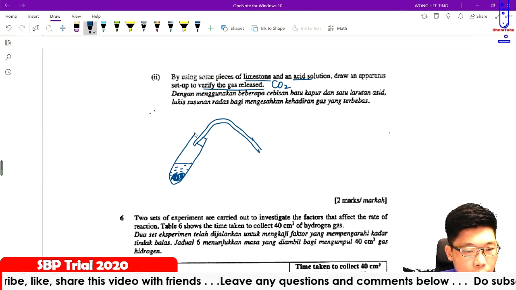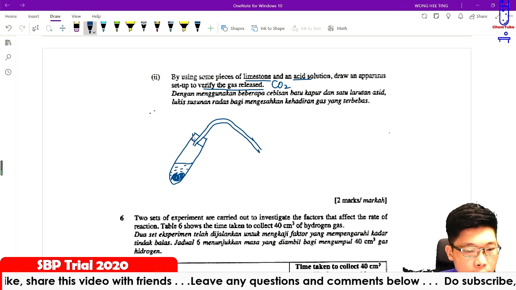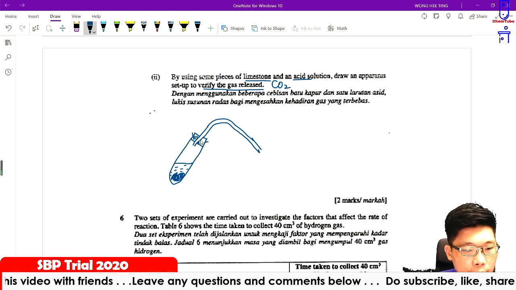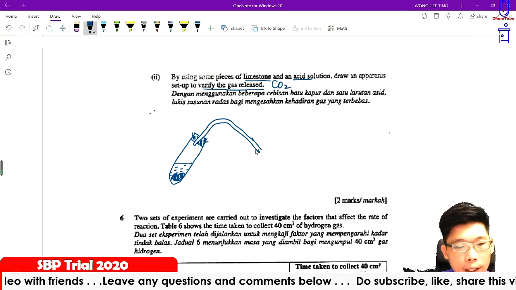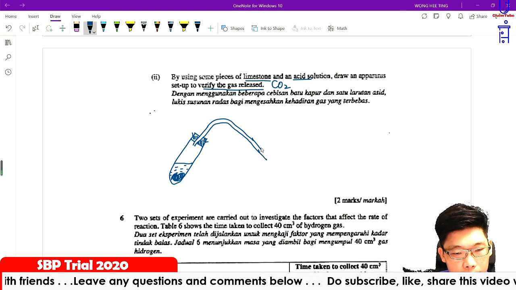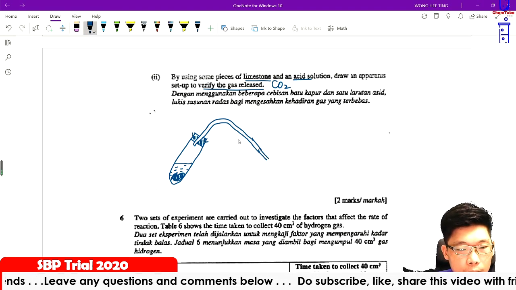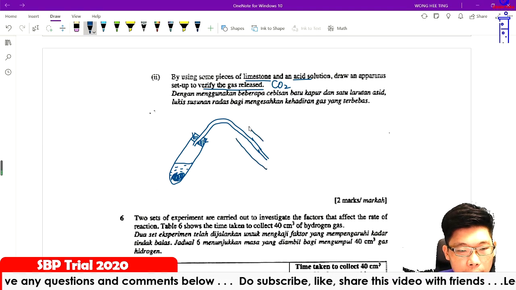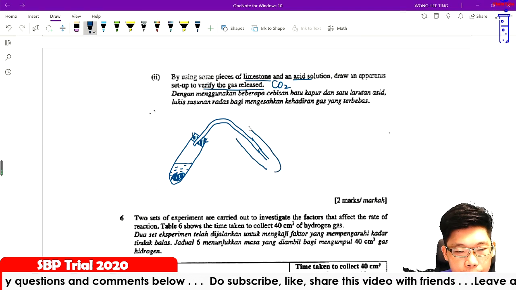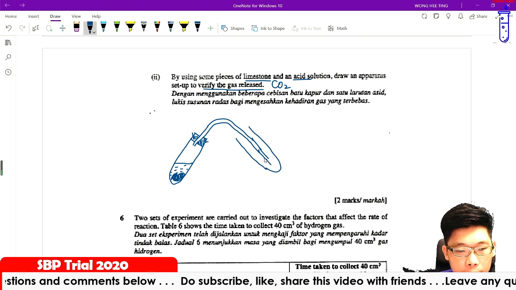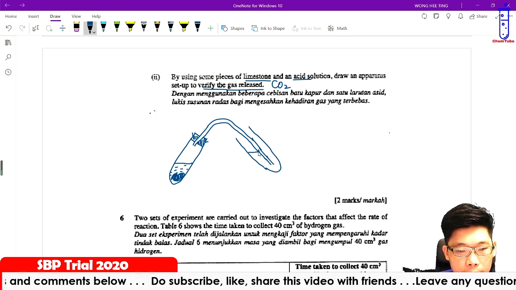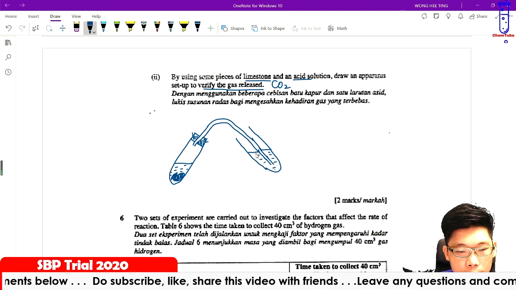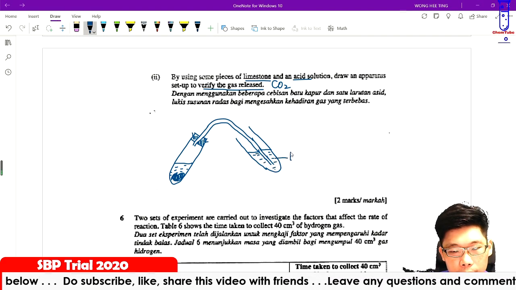When you draw your diagrams in the SBP, make sure that you are using the ruler. Okay, so the gas is passed through the delivery tube, and then bubbles into the lime water. This is lime water.